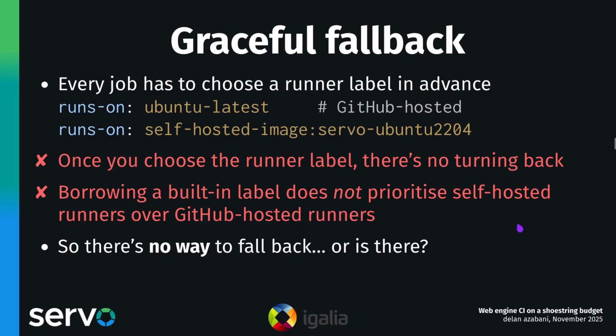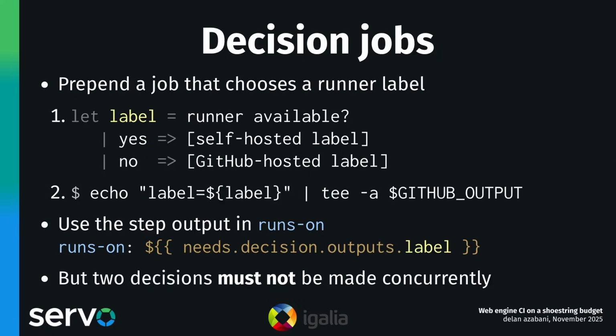So it may seem like it's impossible to do graceful fallback, but we found a way. What we can do is add a decision job for each workload job that may need to run on self-hosted runners. We prepend this job, and its job is to choose a runner label.